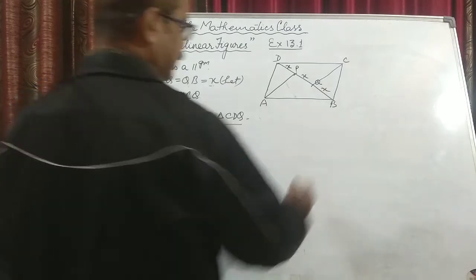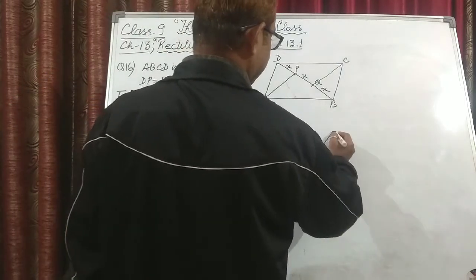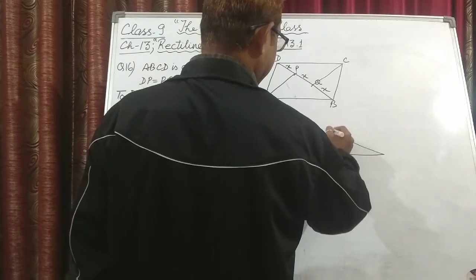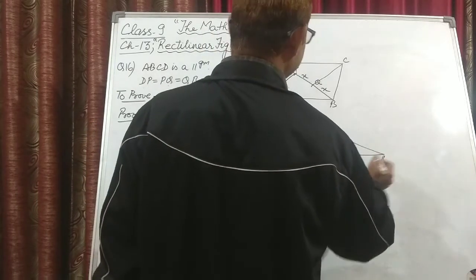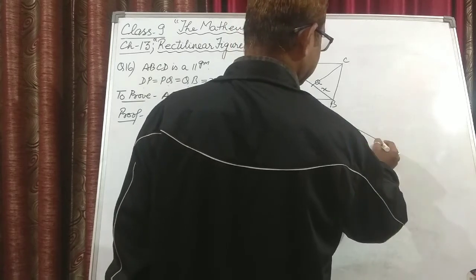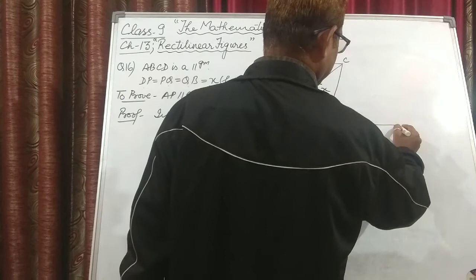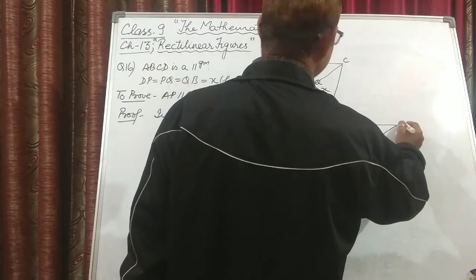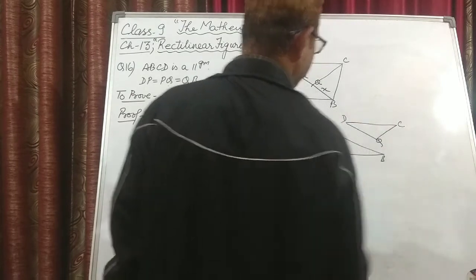I am drawing these triangles separately so that you may understand it much better. This is A, P and B, and the other triangle is something like this. This is Q, C and D.